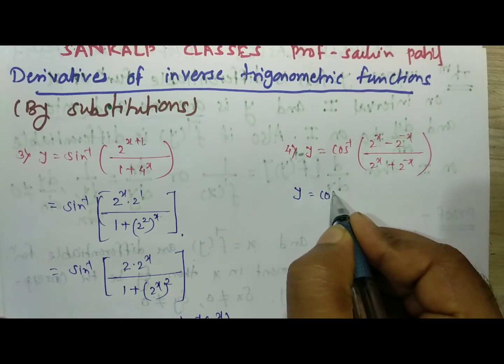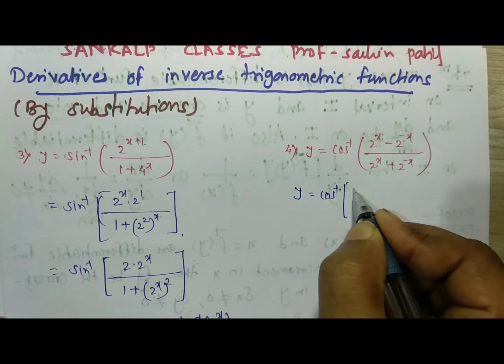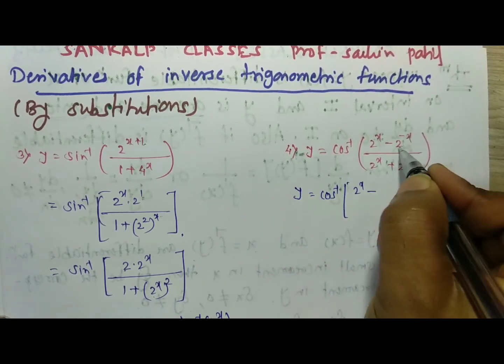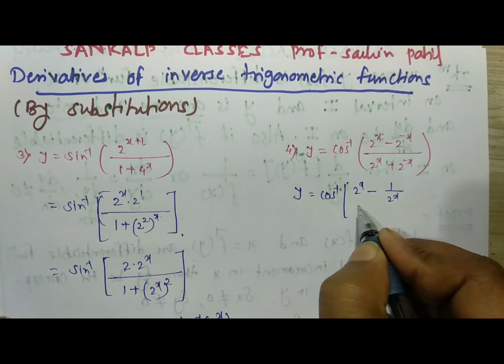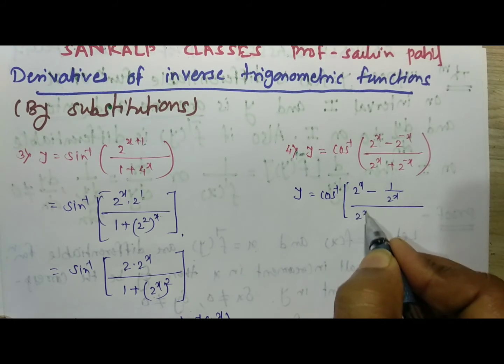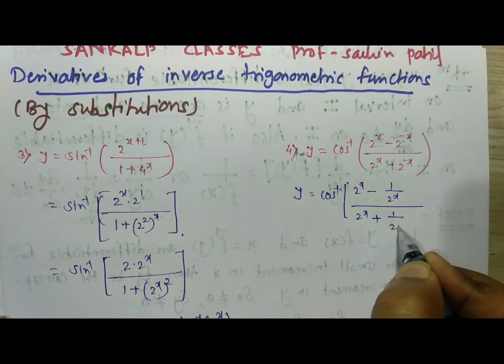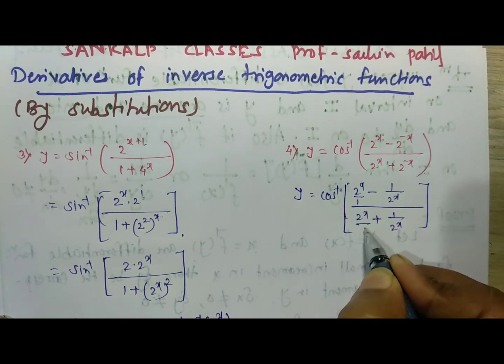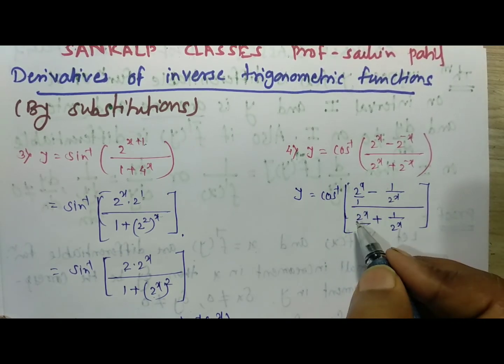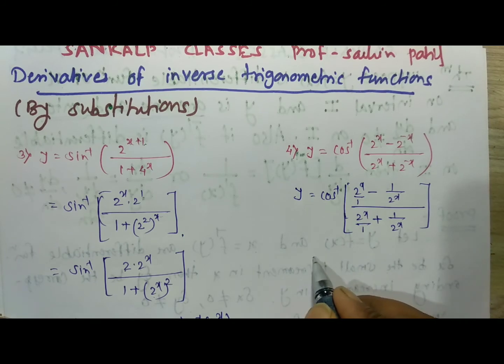Y is equal to cos inverse inside the bracket 2 raised to x minus 2 raised to minus x can be written like that, 1 divided by 2 raised to x, and whole divided by once again 2 raised to x plus 1 divided by 2 raised to x is here. And we have to make the denominator common by using cross multiplication.